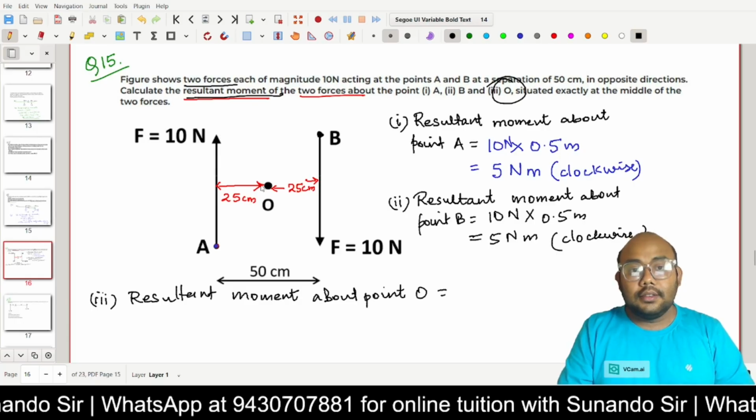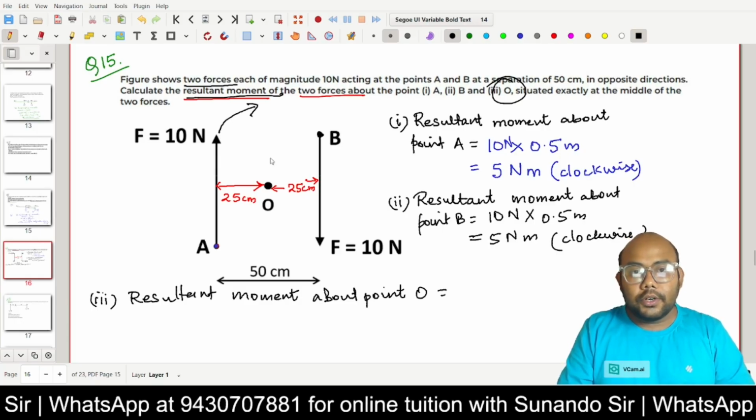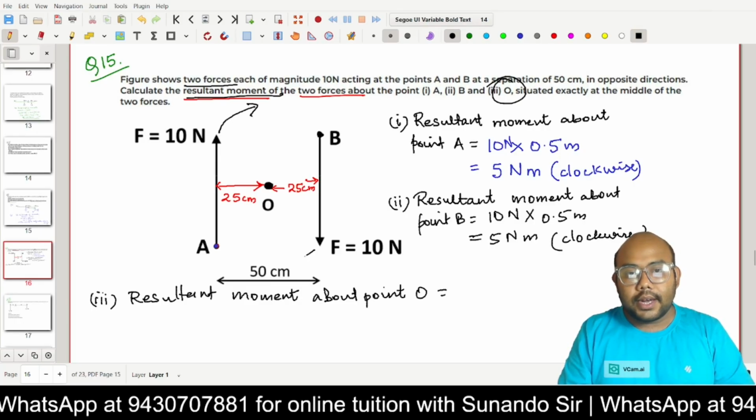This force is producing a clockwise moment about point O, and this as well.